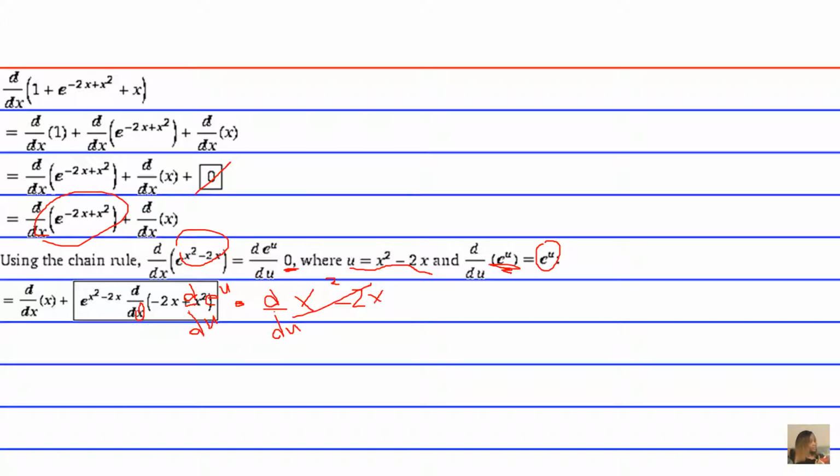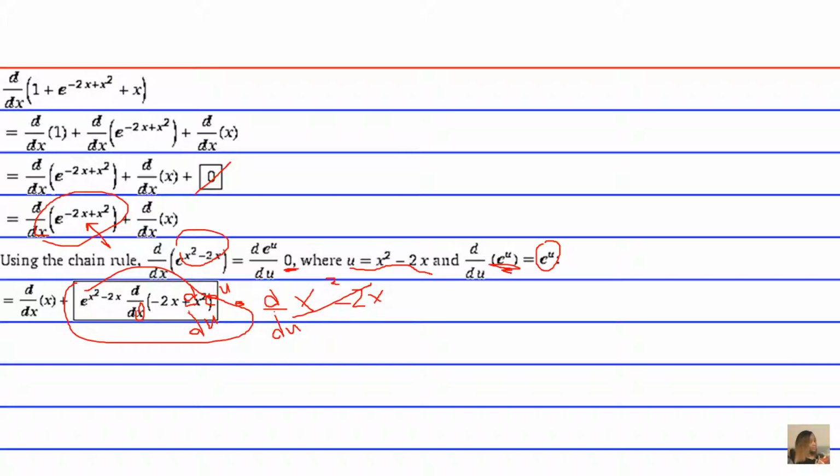So don't be confused. There are like 3 things going on in this one expression right here, but it is what it is, okay? So this whole thing right here came out of this.